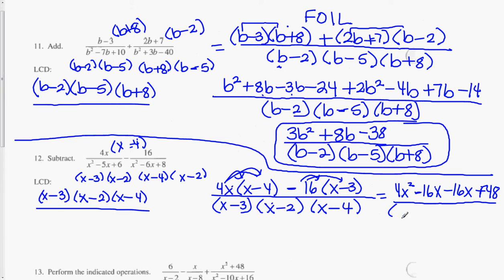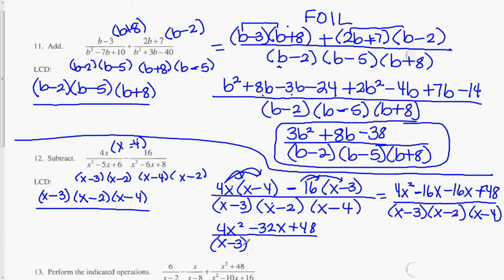And that's over the x minus 3, x minus 2, and x minus 4. So let's combine our like terms. I'm going to have 4x squared minus 32x plus 48. Lots of writing. These are going to take up a bit of space, so be prepared with your notebook paper. These take a little bit of time and a little bit of space.